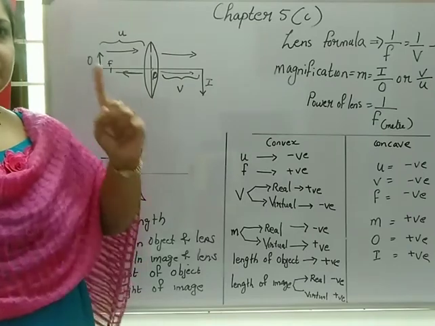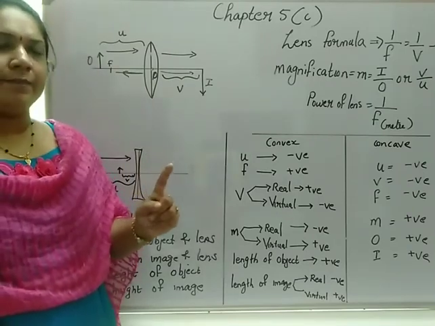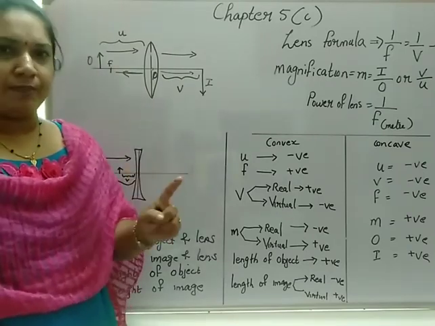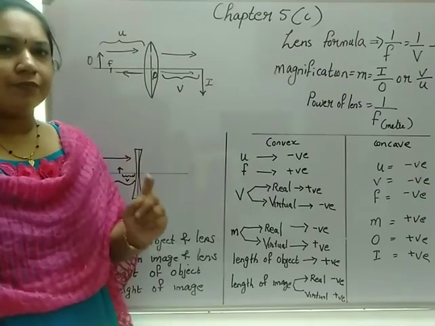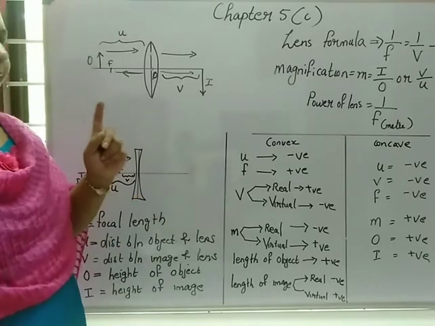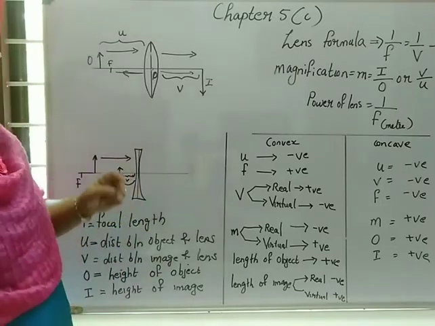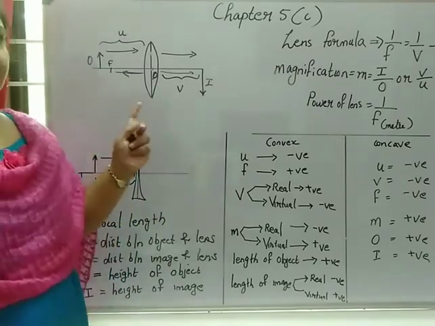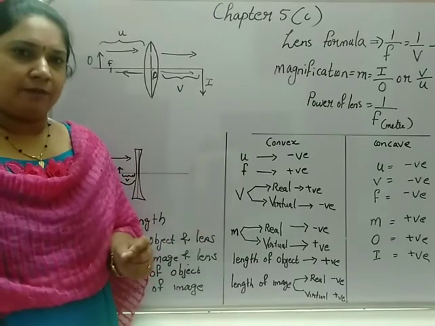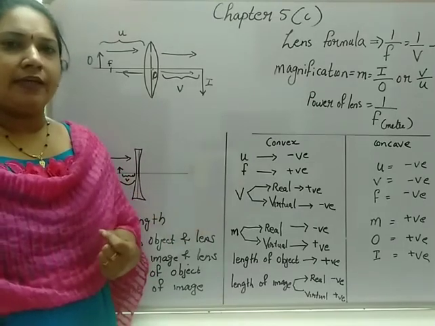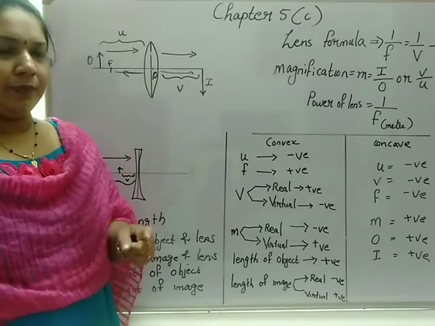So the first rule you have to keep in mind is, all the measurements should be taken from the optical center. Now the second rule is, all the measurements in the direction of incident ray are taken positive, opposite are taken negative. I will explain.